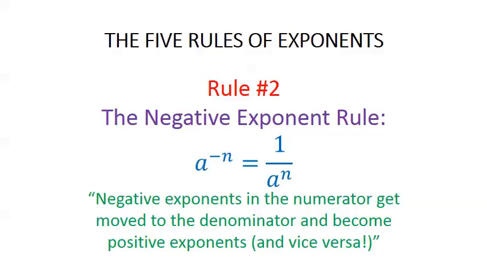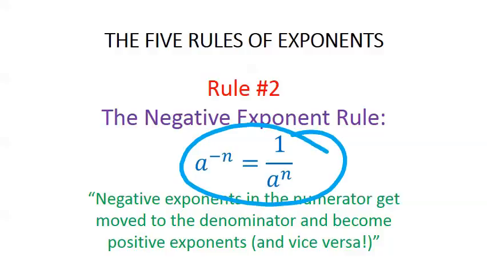Rule number 2, the negative exponent rule. I'll read it out loud. Negative exponents in the numerator get moved to the denominator and become positive exponents, and vice versa. I know that's a mouthful, but look at the example I have for you here in baby blue. A to the power of negative n is equal to 1 over a to the power of positive n.